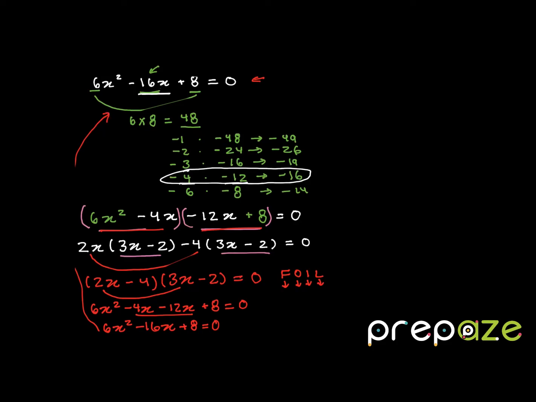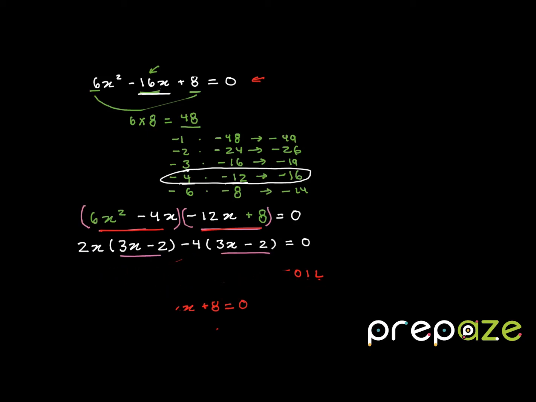So this is just one way that you can check if you got the correct solutions out of your factored form. So now I'm going to go back and rewrite my factored form, and I'm going to show you how we can find the solutions from that. And actually, it is very similar to when we do it when our a constant is equal to 1. So just like we did last time, I'm going to make 2x minus 4 equal to 0, and then I'm going to make 3x minus 2 equal to 0.